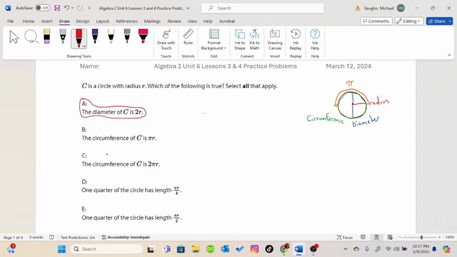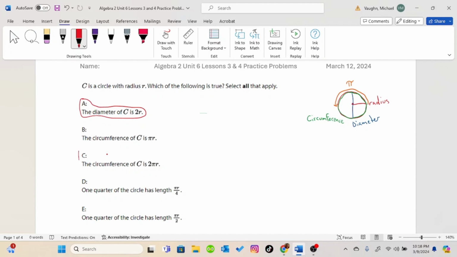And now we're measuring all the way around the circle. But pi is only halfway around the circle. So if I want to go all the way around the circle to get the circumference, I need to go out from the center a distance of r, and then I need to go 2 pi to go all the way around.